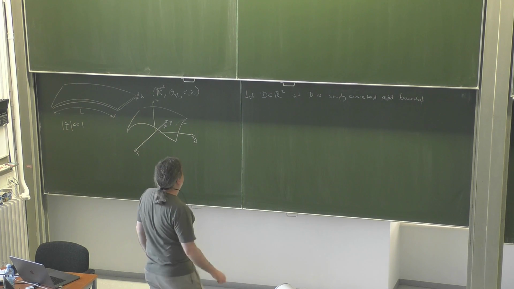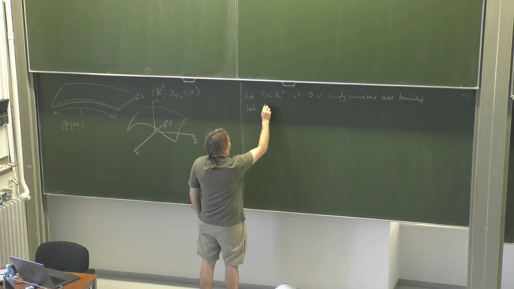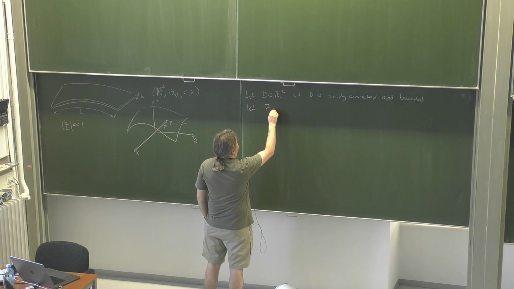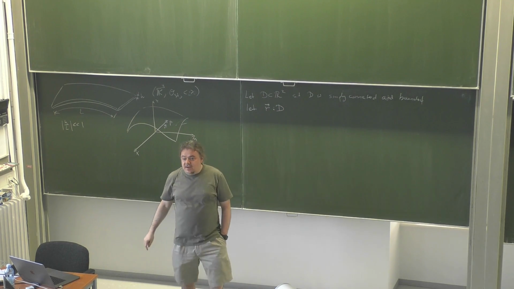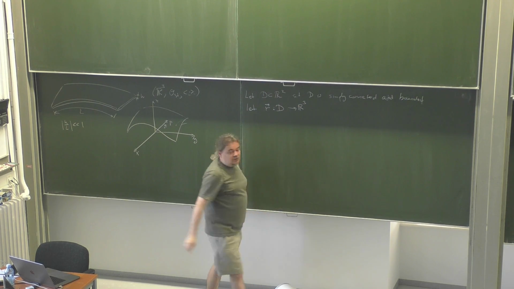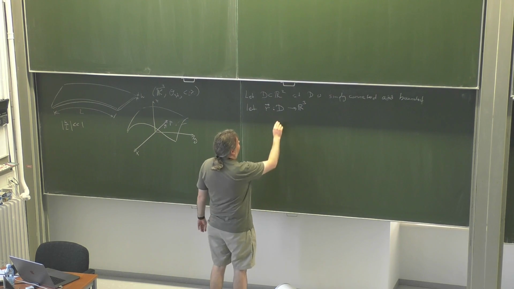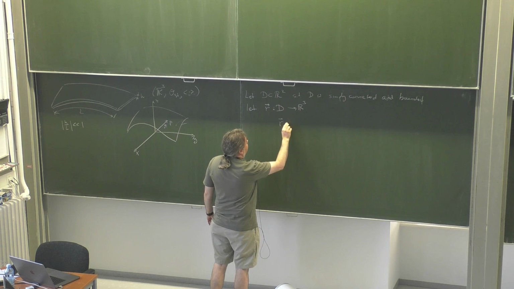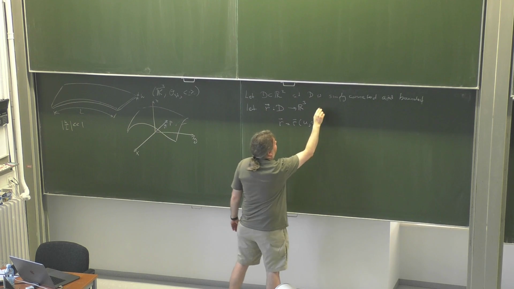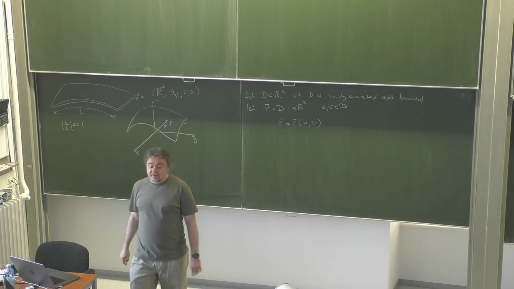Okay? So then I'm also going to define a function I'm going to call R vector, right? Which is going to take points from that domain and map them into R3. This is just a fancy way of saying that I have a function of two variables u and v, right? Where u and v are elements of this domain D, right?